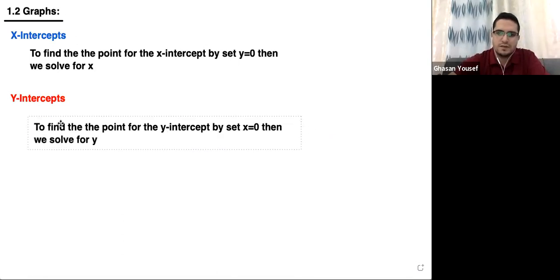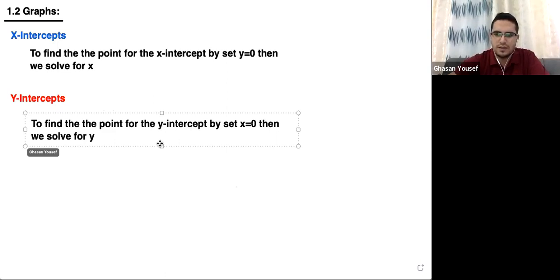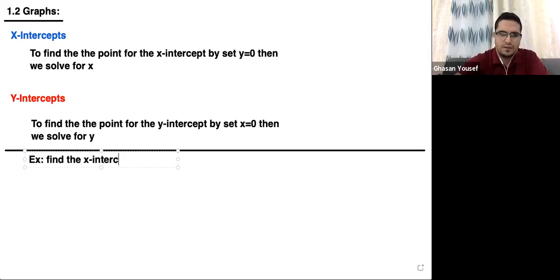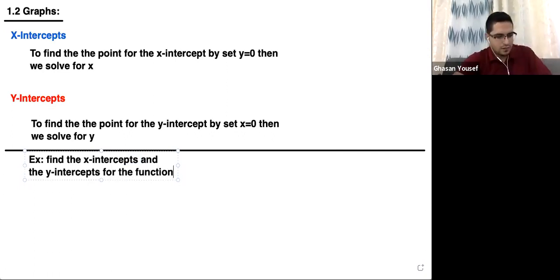Okay, example for this. The question is: find the x-intercept and the y-intercept for the function y equals x squared minus 2.